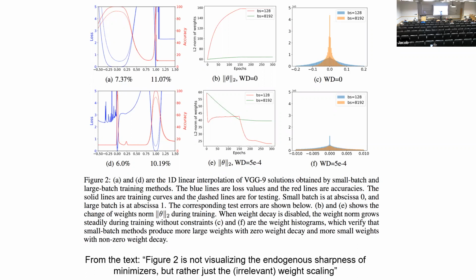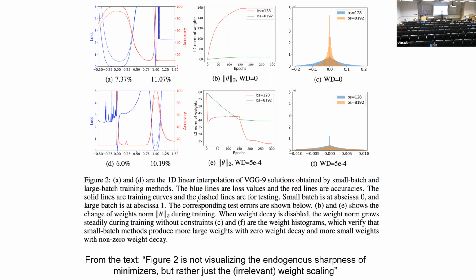At 0, we have the weights of a model trained with small batch, and at 1 we have the parameters of a model trained with large batches. And then we're going to interpolate between those weights.